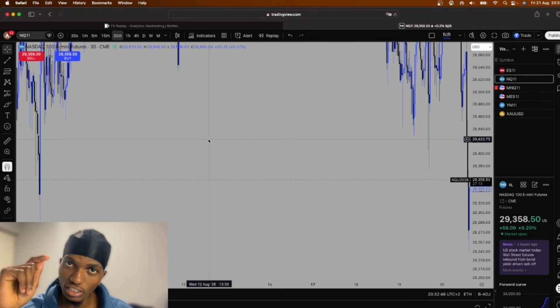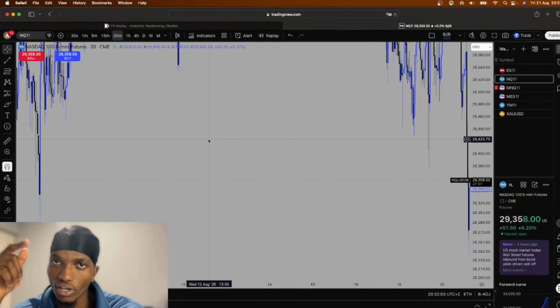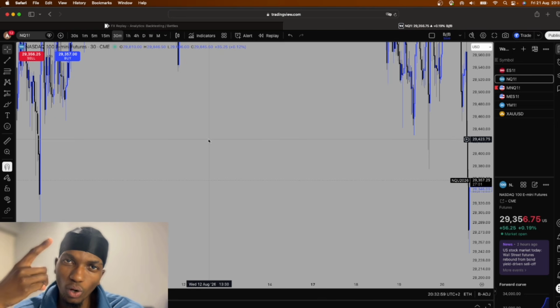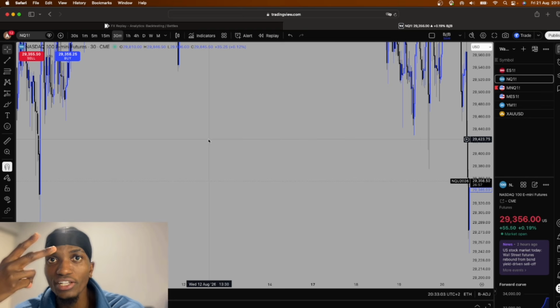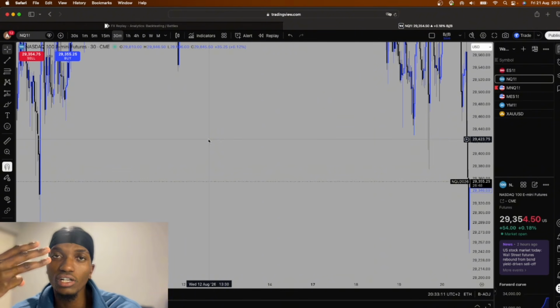Then after a manipulation to that key level, we wait for a displacement in the opposite direction, or a change in market structure in the opposite direction, using one of these three: one, a break of structure; two, an inverse fair value gap; and three, a CISD, a change in the state of delivery. That's a CISD, right? So we wait for these three.